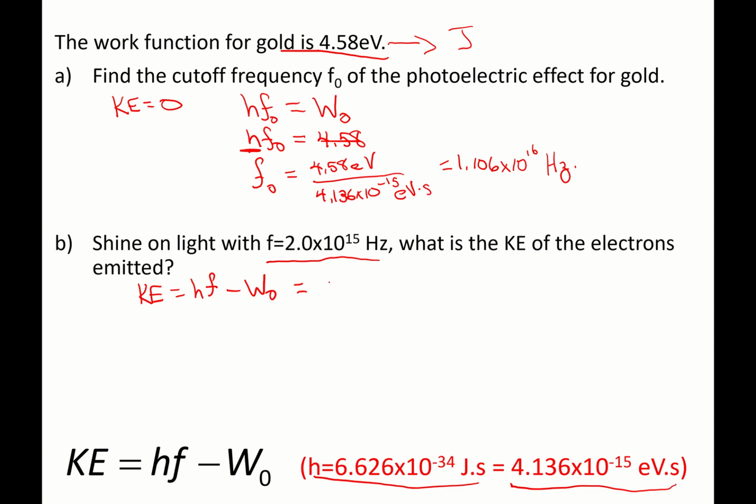Okay, so my work function, I have in electron volts, so let's keep Planck's constant in electron volts. 4.136 times 10 to the minus 15 eV seconds times the frequency, 2.0 times 10 to the 15 hertz, minus 4.58 electron volts.